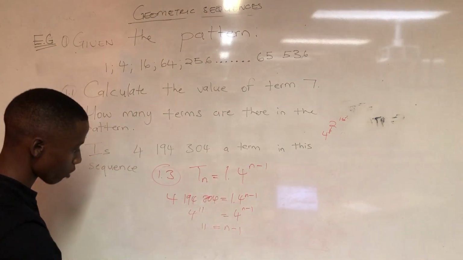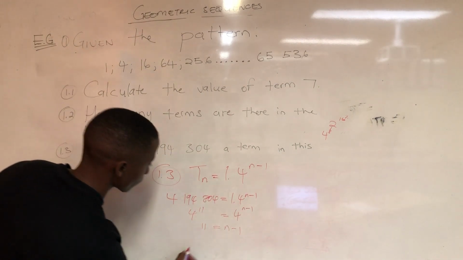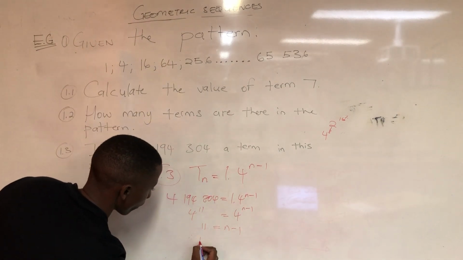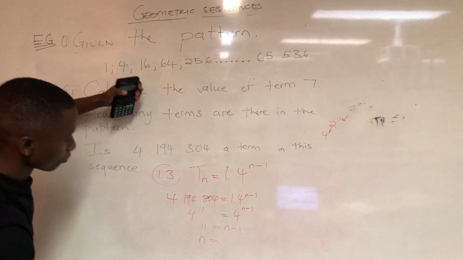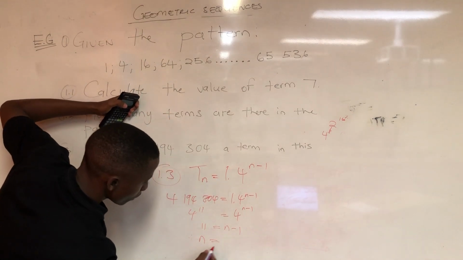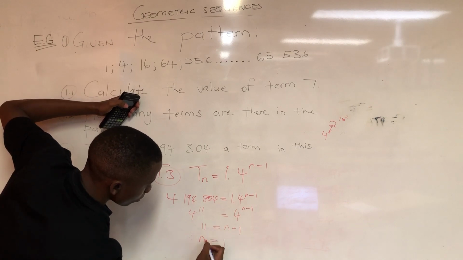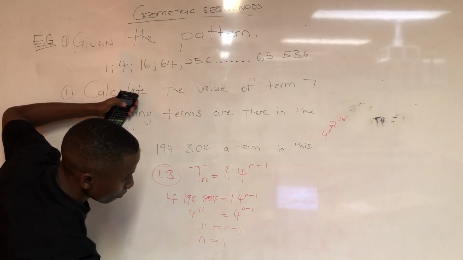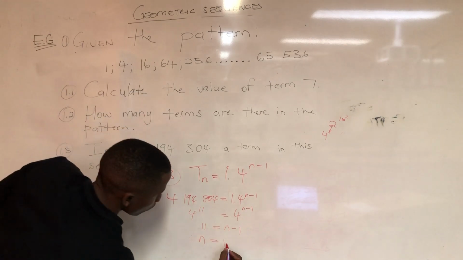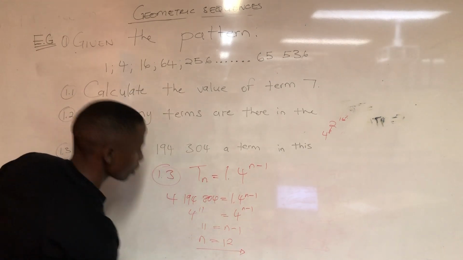Take the powers down so that you can solve for n. Therefore our n will be equal to 12, because the 1 goes to that side and changes the sign to plus, so 11 plus 1 is 12. That's how it goes.